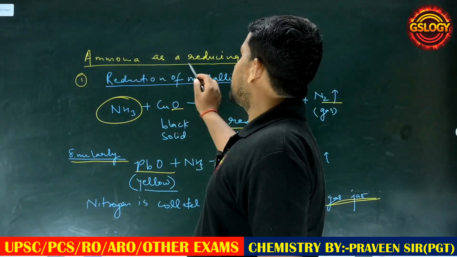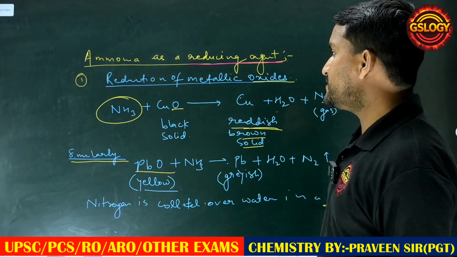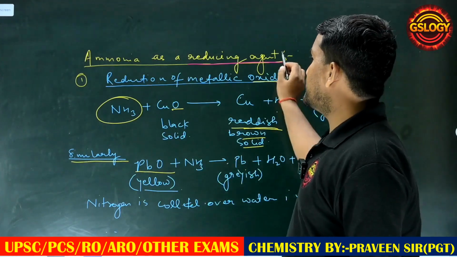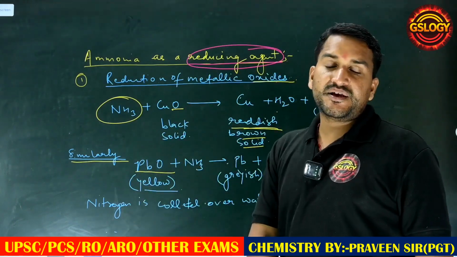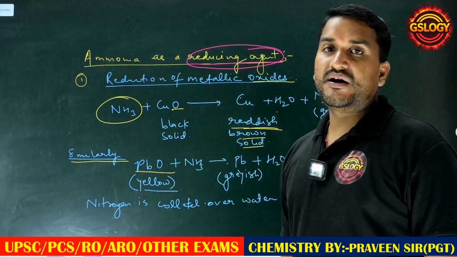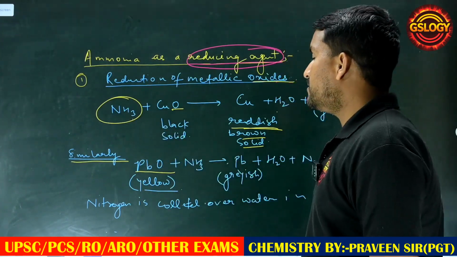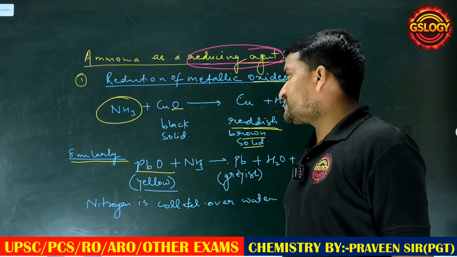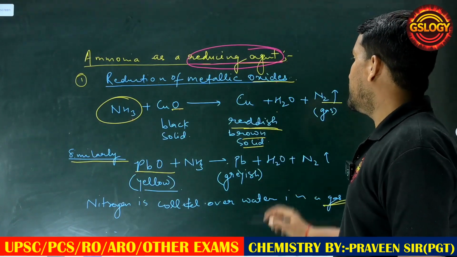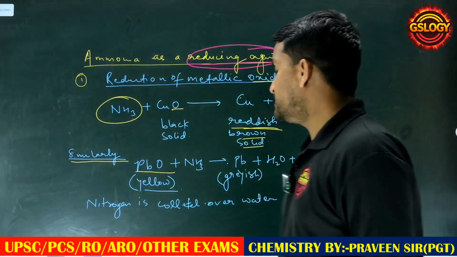Next, ammonia as a reducing agent. First, reduction of metallic oxide. What is a reducing agent? A reducing agent means a substance which reduces others but is itself oxidized. So it is ammonia. When it is treated with copper oxide, a black solid, it gives copper, a reddish brown solid, water and nitrogen gas.